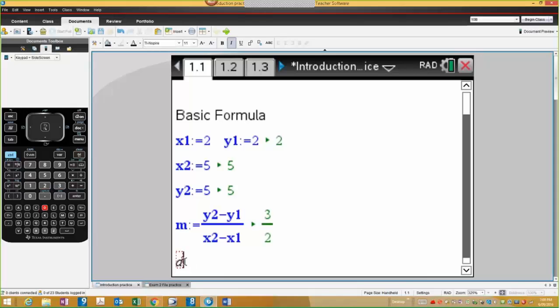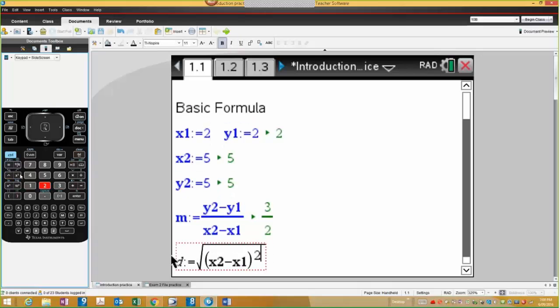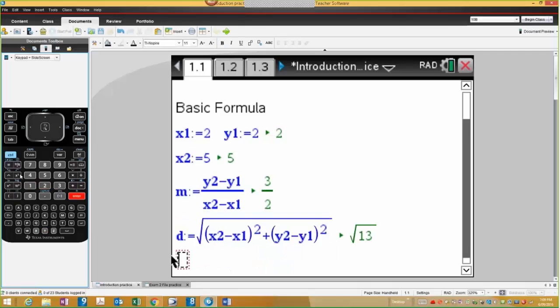So the distance equals the square root of the bracket x2 minus x1 squared plus y2 minus y1 squared, and there's the exact distance calculated.